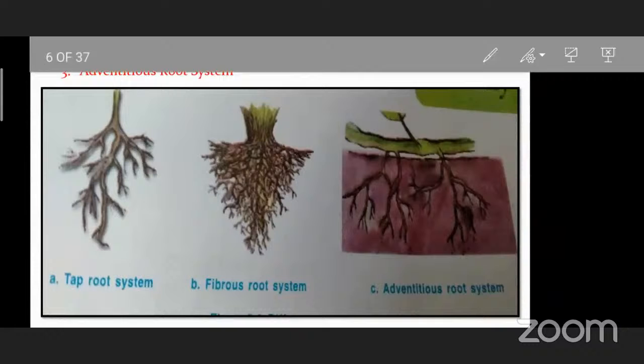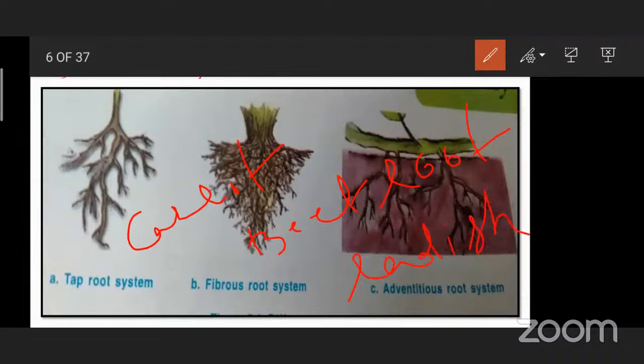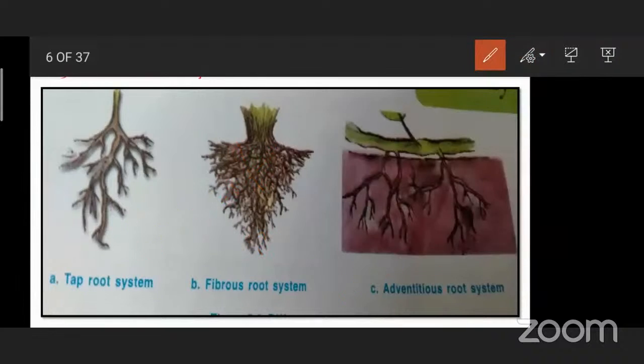For example, storage of reserve food material: carrot, beetroot, radish. There are many more examples of storage of reserve food material in the root.